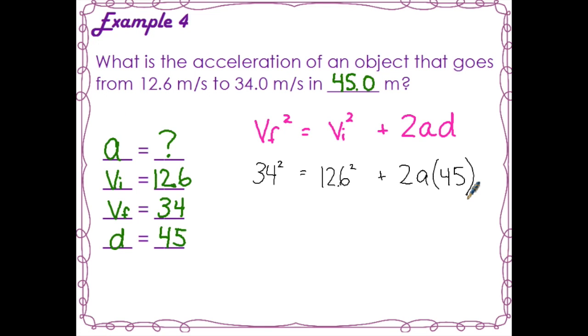Let's see. I'm going to do my exponents first. So I'm squaring the 34. I'm squaring the 12.6. I can multiply the 2 times the 45. So 2 times 45 times A is 90A. I'm going to subtract 159 from both sides.